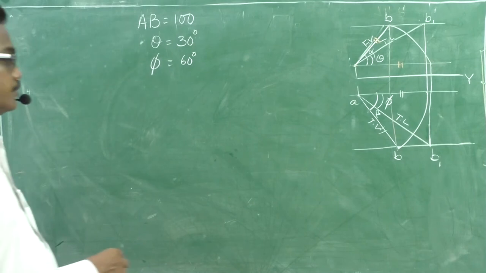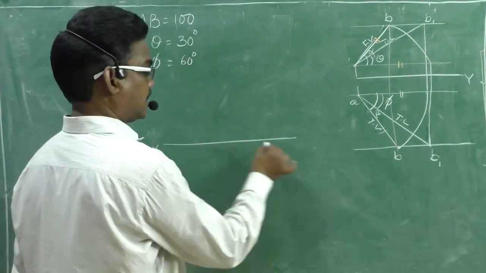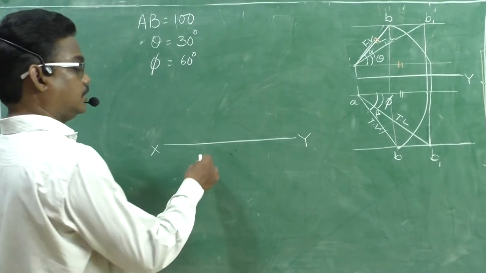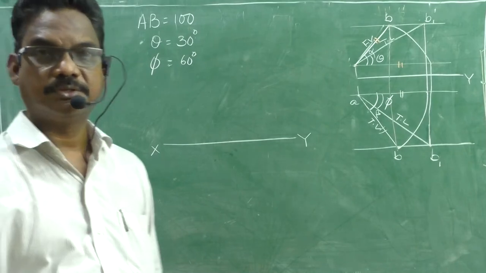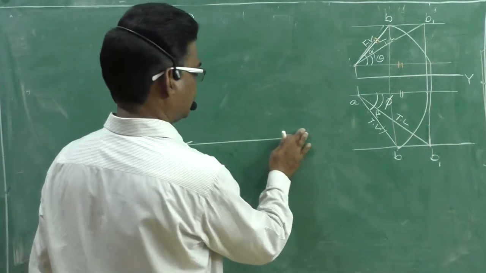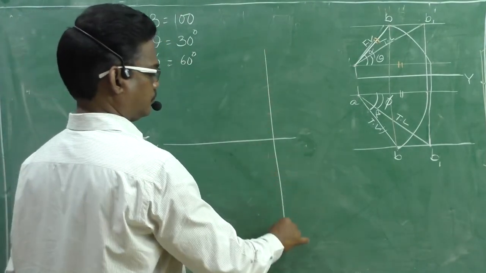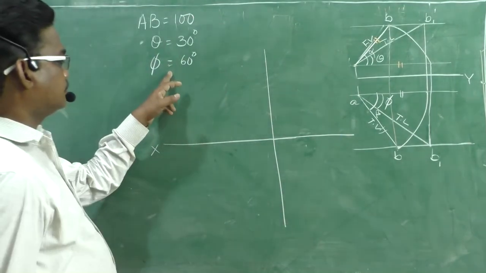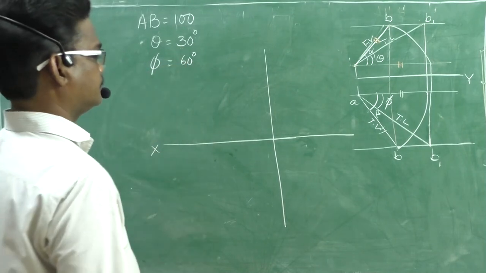See, this is the XY reference line, and strictly speaking, this problem we need to draw from the side view. I want to cover it from this side view. If you see the side view, with HP 30, with VP 60, right?